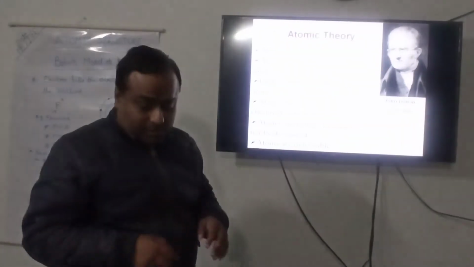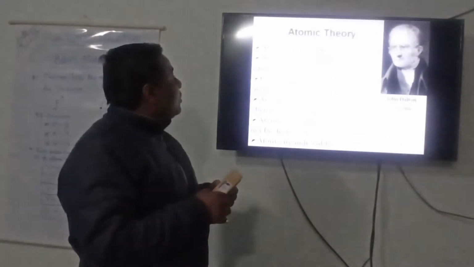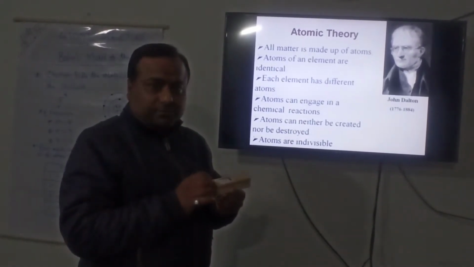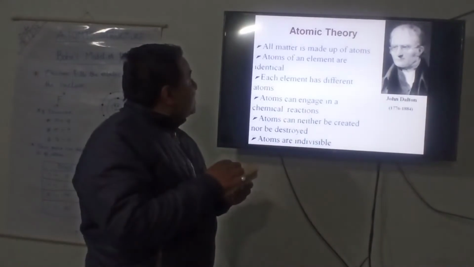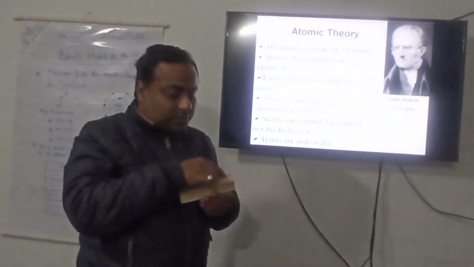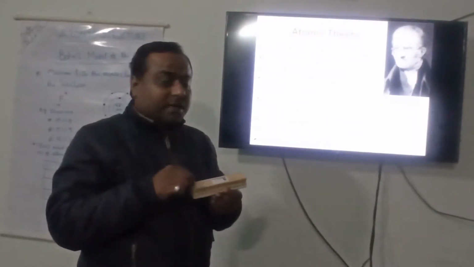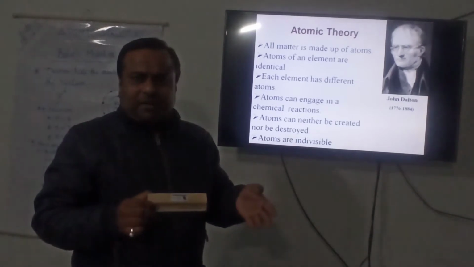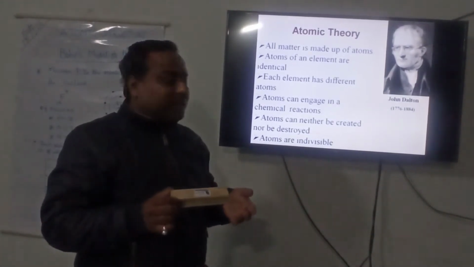According to John Dalton, as I said, all matter is made of atoms, like the example of this wood. Atoms of an element are identical. Atoms of this whole wood are identical. Different elements have different types of atoms.